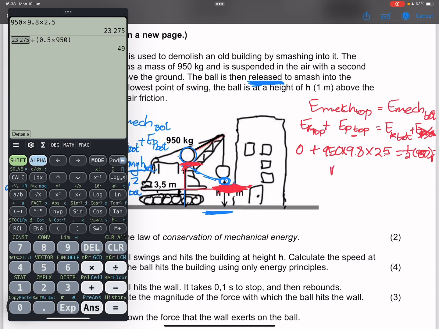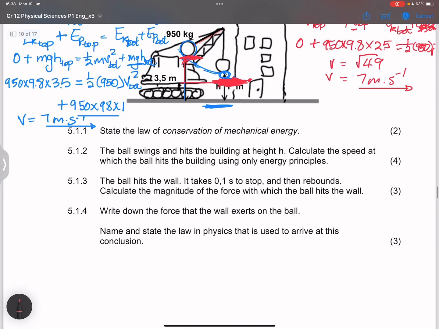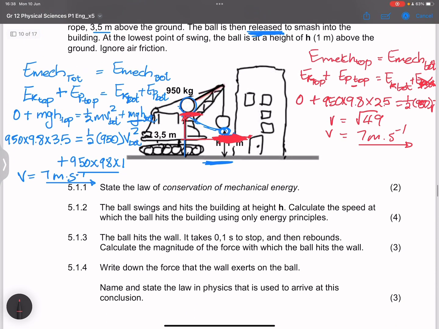So I'll take the square root of 49, and that gives us 7 meters per second. Please do note that that is how we really get to that value there. In this case, it's very important that you choose a reference point in terms of that calculation. All right, now let's go on to the next question.